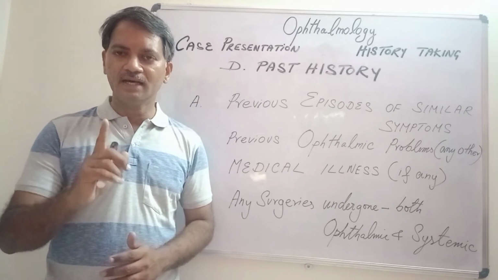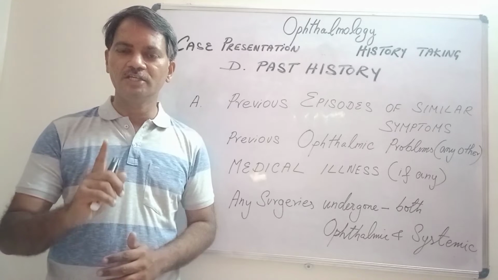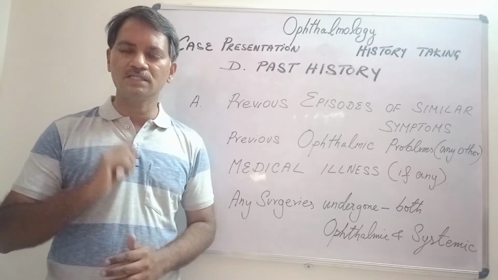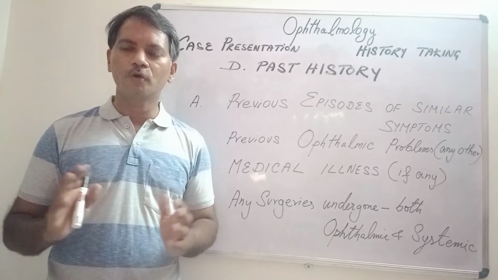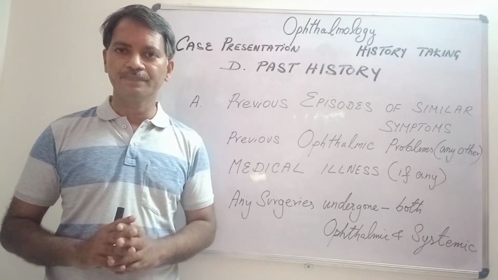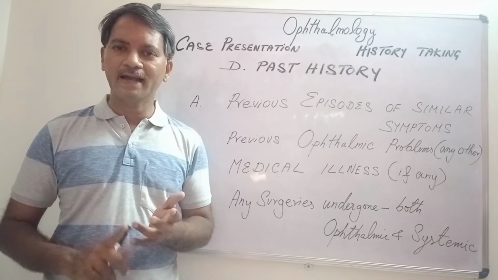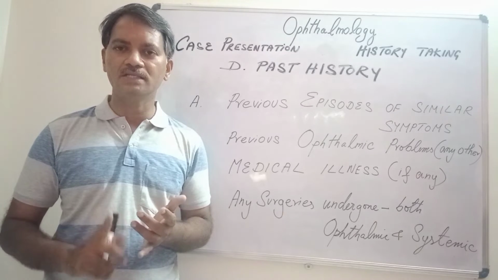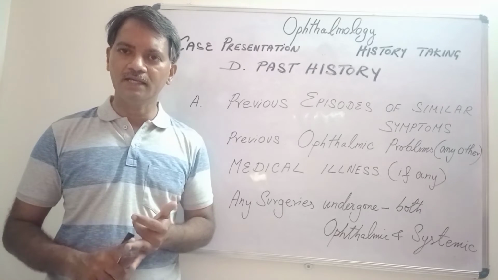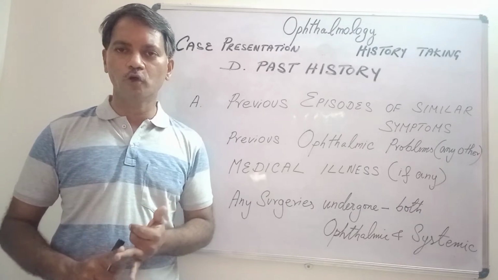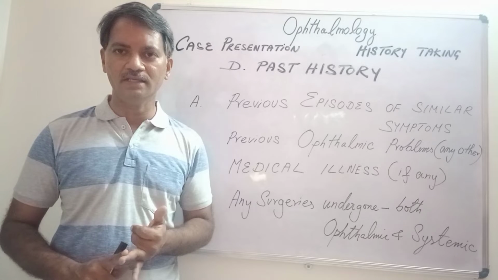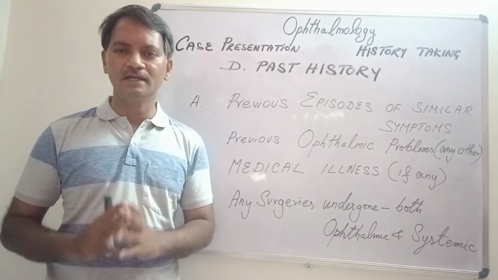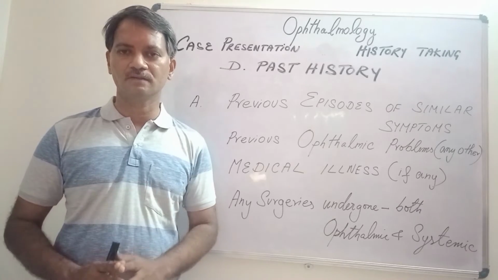There is one drug called steroids. Steroids, when taken for a prolonged period of time, will lead to cataract formation in the patient's eyes. It may lead to open angle glaucoma in the patient's eyes. Both of them can lead to defective vision.